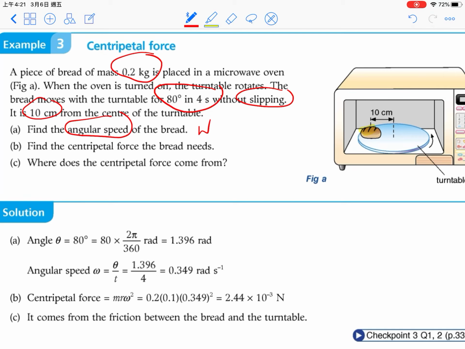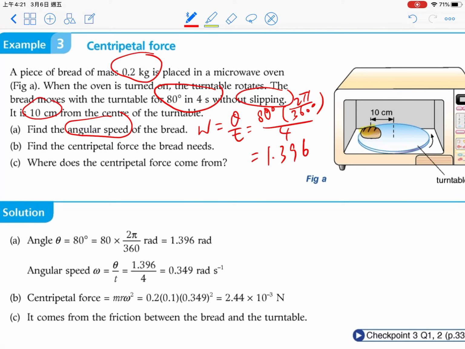Angular speed omega. Now you need to remember the equation. So how can we find omega? Omega equals theta over t. So we have to find omega in terms of radians. 80 degrees times 2 pi over 360 degrees, in 4 seconds.